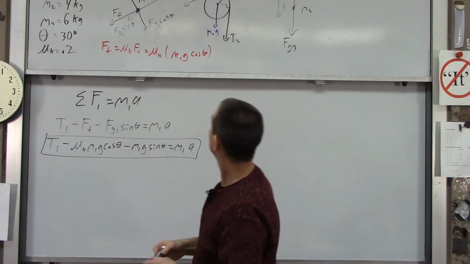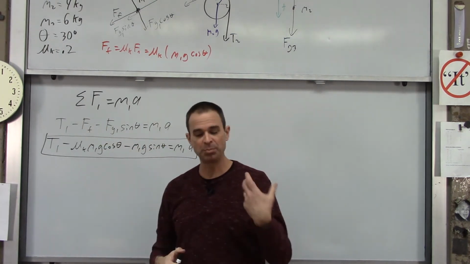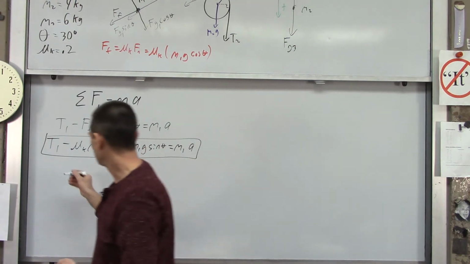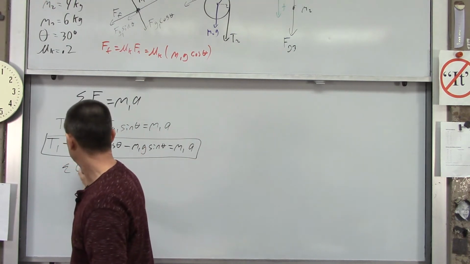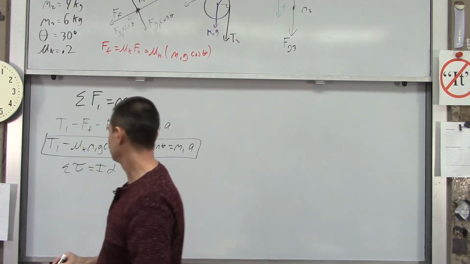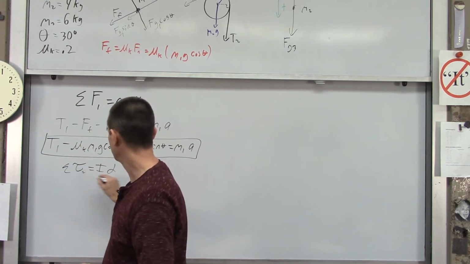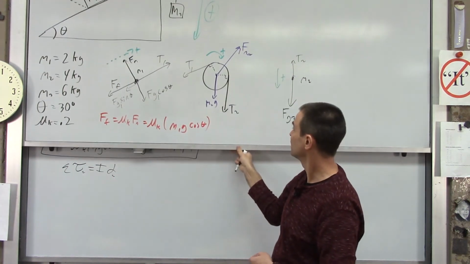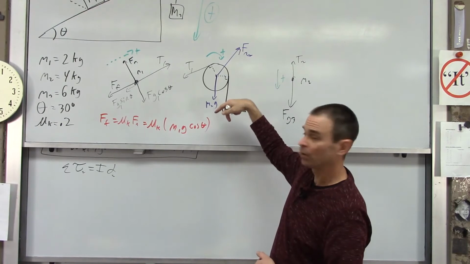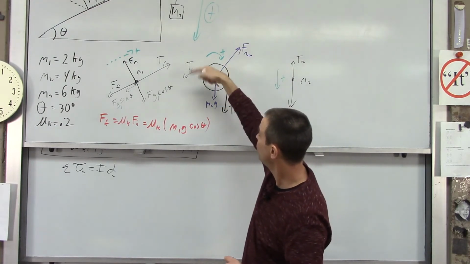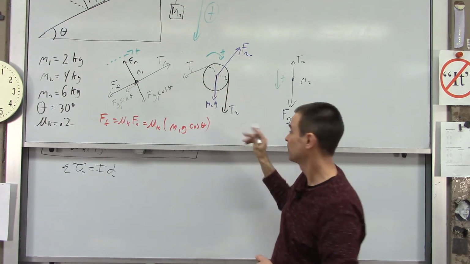For the pulley, it's spinning, so we've got to do net torque equals I alpha. This is on block 2. Now again, for this guy, the two purple forces don't cause any torque. T2 causes a positive torque. T1 causes a negative torque.